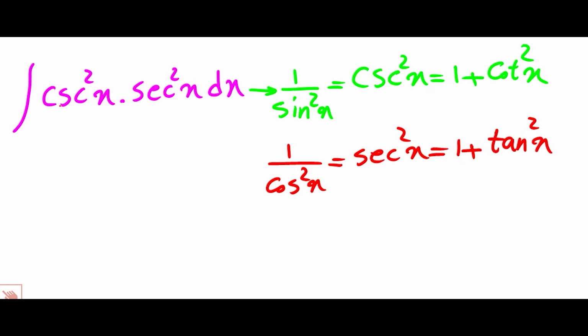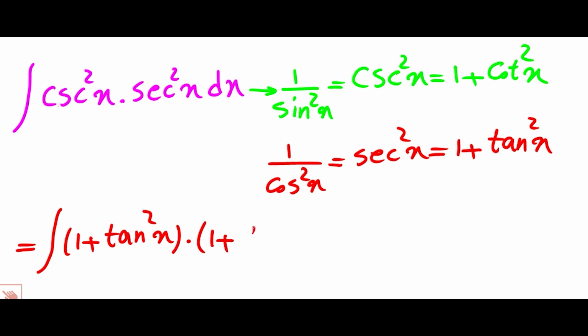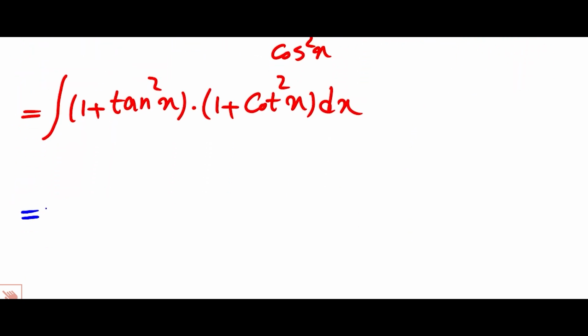So the integral of cosecant squared x equals 1 plus cotangent squared x, times secant squared x equals 1 plus tangent squared x dx. So let's multiply these two expressions together.